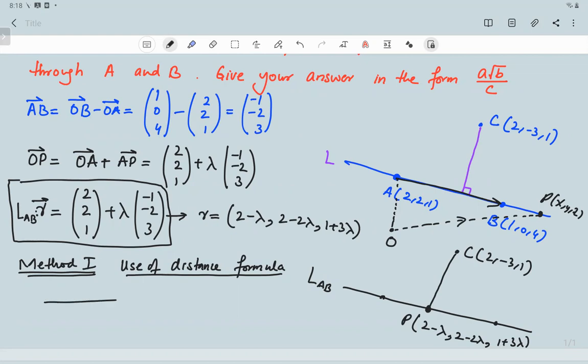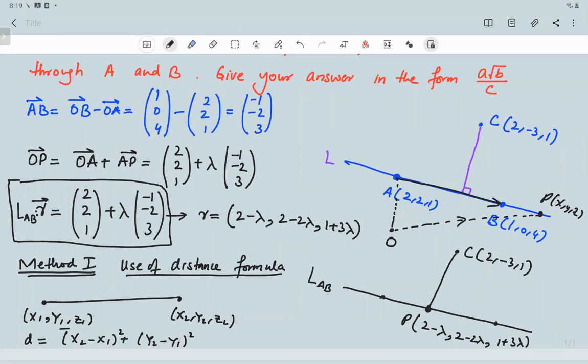From your previous knowledge, if x1, y1, z1 are the coordinates of one point and x2, y2, z2 are the coordinates of the other point, then the distance between them can be calculated using this famous distance formula.